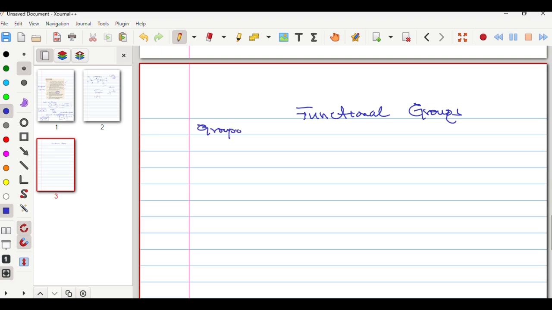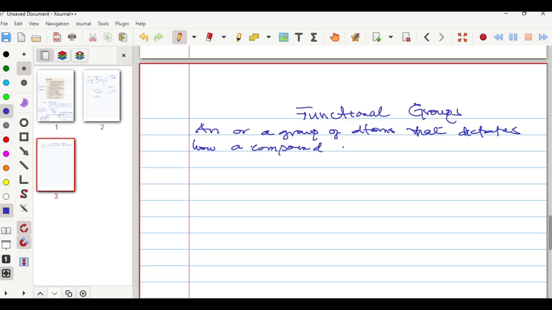We say it is an atom or a group of atoms that dictates how a compound, or how an organic molecule, reacts.